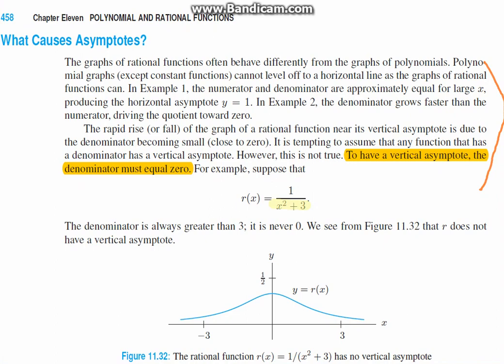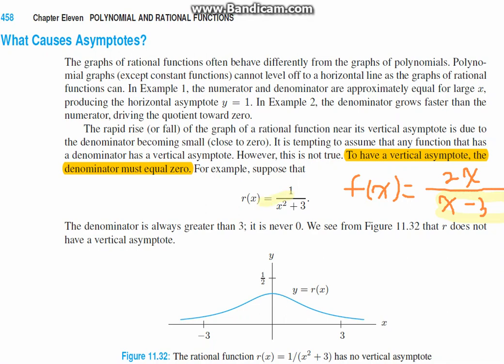But if we want an example where there is a vertical asymptote, let's say we have a polynomial function like this. We know that it equals 0 because if we put x minus 3 equals 0, we get x equals 3. So x equals 3 will be your vertical asymptote.